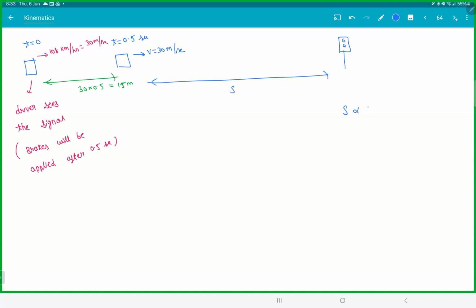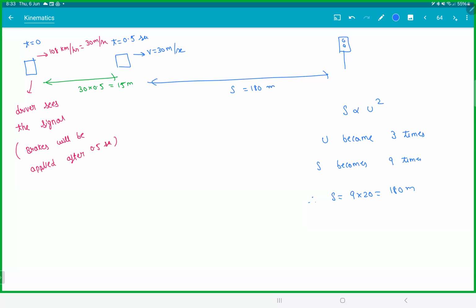We know s is proportional to u square. Since u became 3 times, s becomes 9 times. Therefore, the stopping distance s should be 9 times 20 meters, so 180 meters. There's no need to solve also.